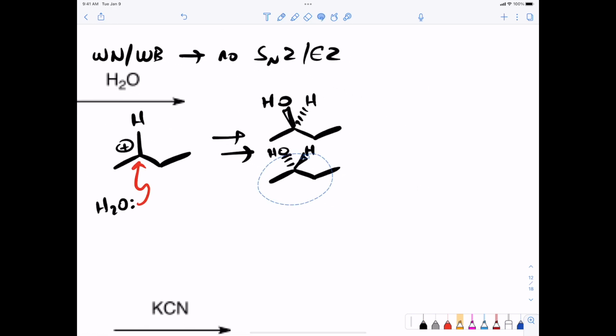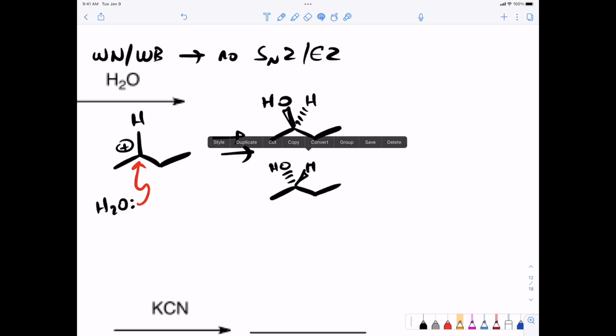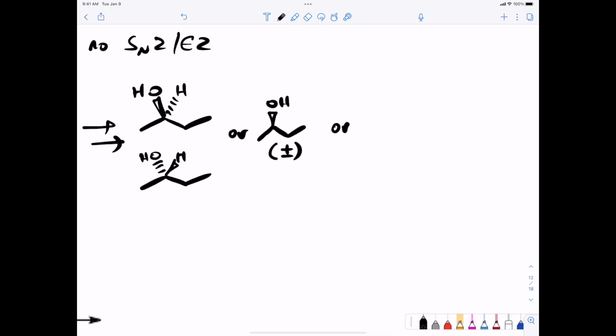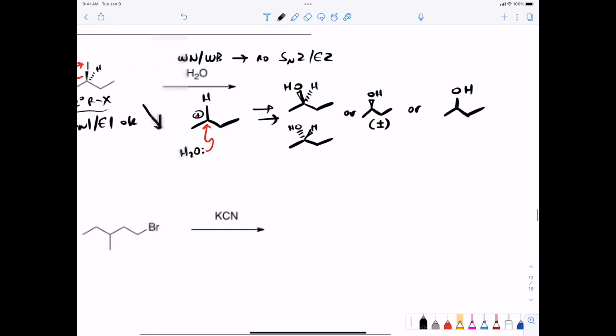There are multiple ways to communicate that, which I have talked about in the study guide. You could draw just one of the two stereoisomers and use the plus-minus, a holdover from the days of optical rotation, indicating you've got the enantiomer that rotates plus and the enantiomer that rotates minus in the same amounts. Alternatively, it is perfectly acceptable to draw that as the product, and that communicates you get both enantiomers.